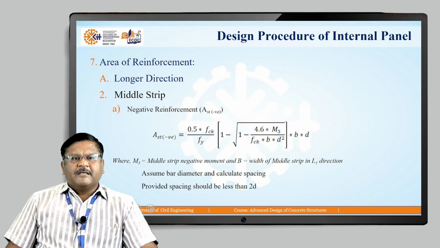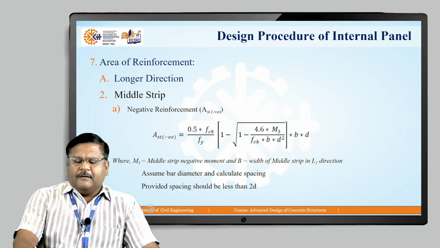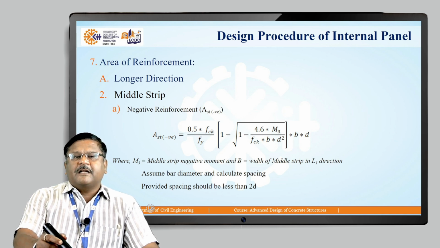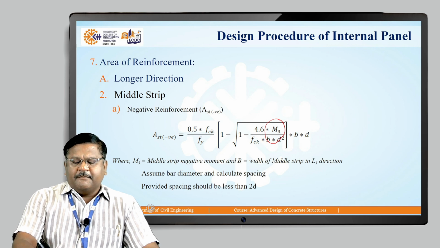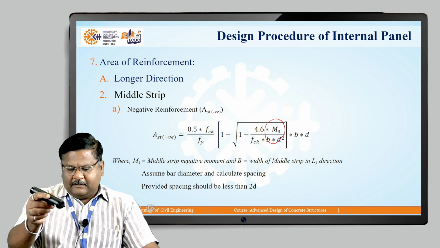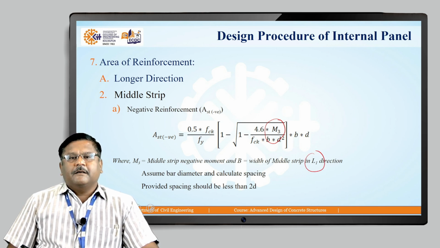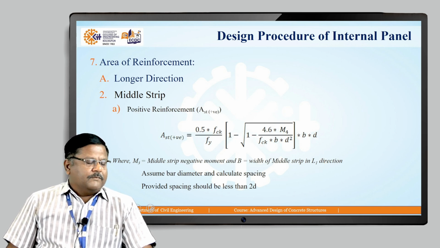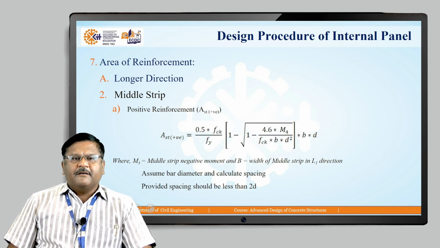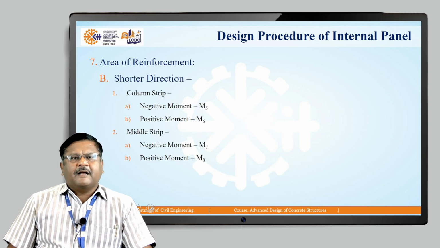Next, middle strip, the formula is the same, 0.5 fck / fy. The change is M3, which is the negative moment in the middle strip. Same thing, check the moment and calculate.